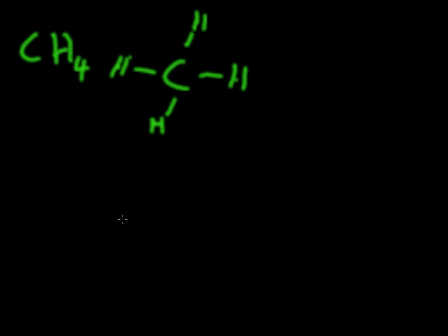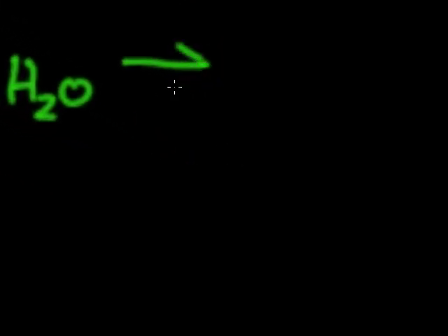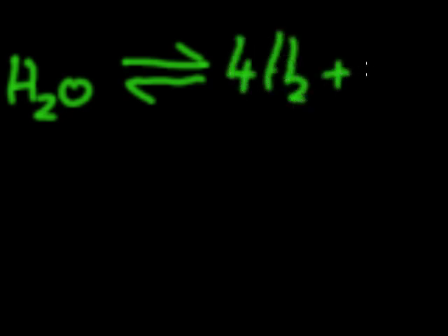What we have to do is react it with water at a very high temperature, and with a catalyst. So it's just this reaction here. It's methane plus 2H2O goes to, it's actually equilibrium, 4H2 plus CO2.